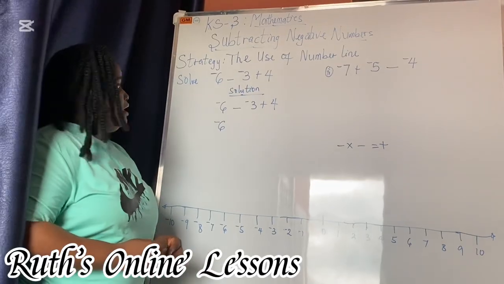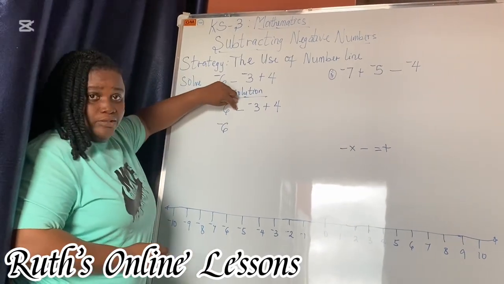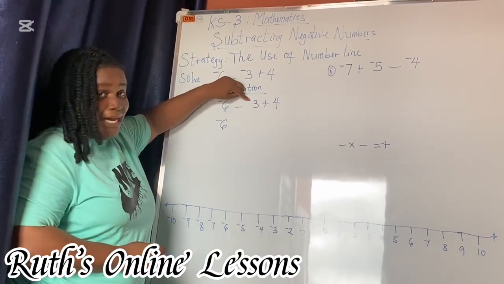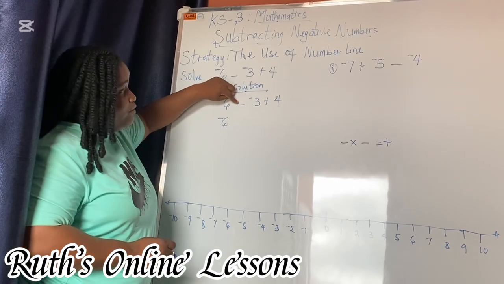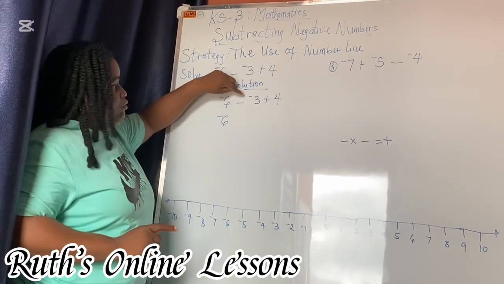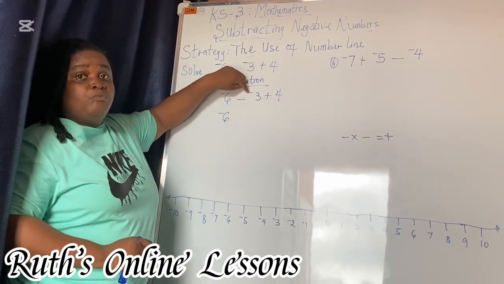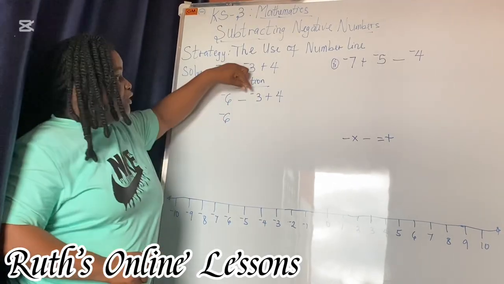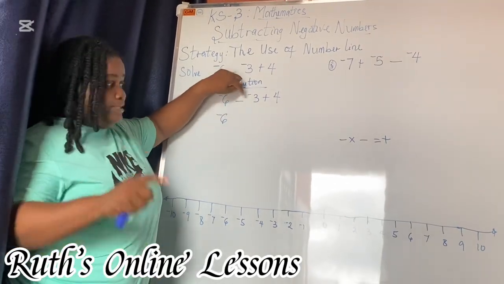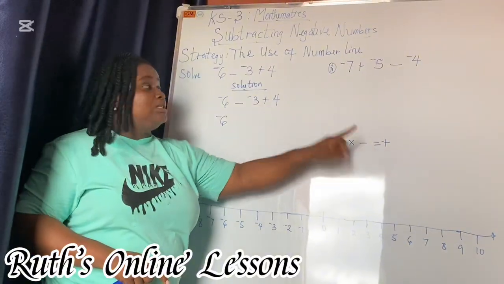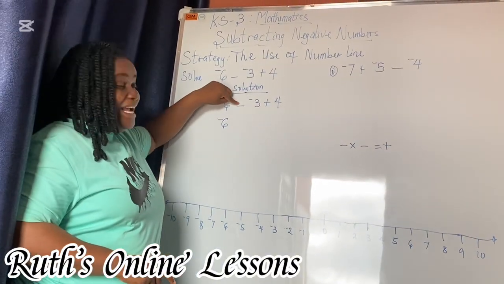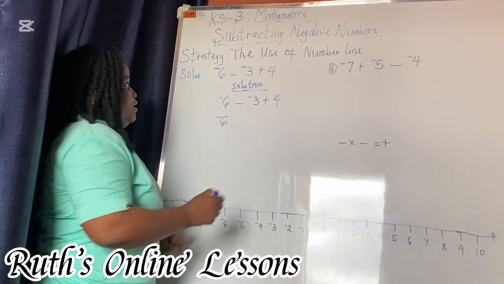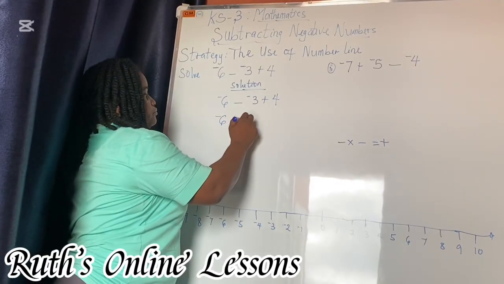I have a minus here, and I have another minus here. It's asking us to multiply these two negative signs. So minus times minus is plus. So that -3 will give us +3.